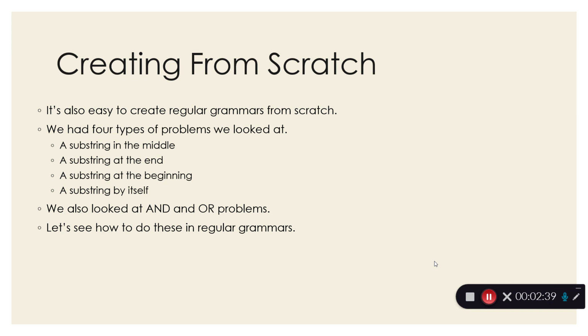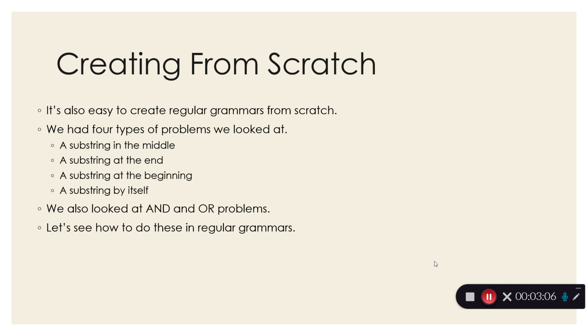Okay, it's very easy also just to start from scratch and create a regular grammar from an English description of the language. We had four types of problems that we concentrated on with deterministic and non-deterministic finite automata. And that's finding a substring in the middle of the string, a substring at the end, a substring at the beginning, and a substring by itself.